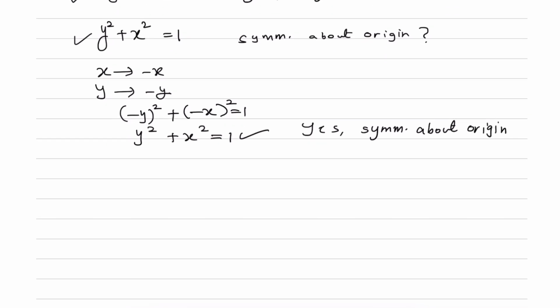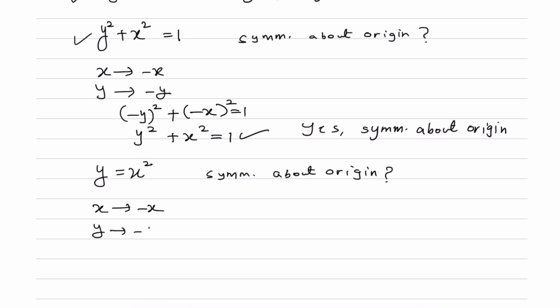Let's check one more graph, a very simple one. We want to see if it is symmetric about origin. So replace x by minus x, replace y by minus y, and what we get is minus y equal to minus x whole square.